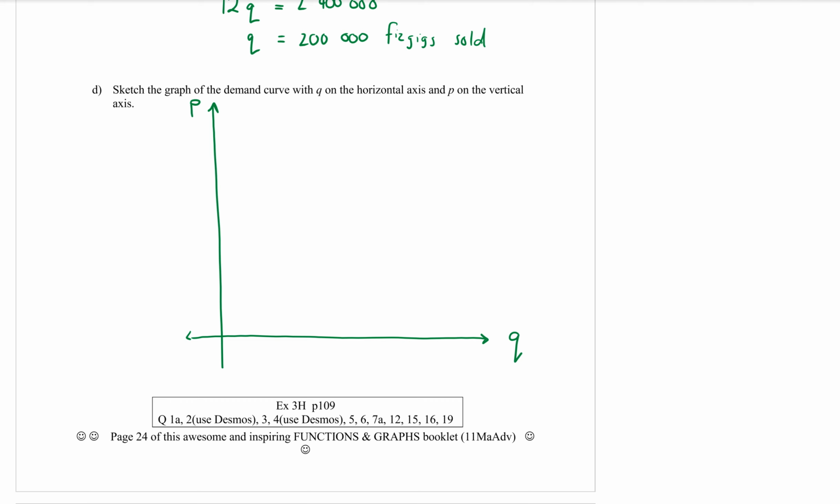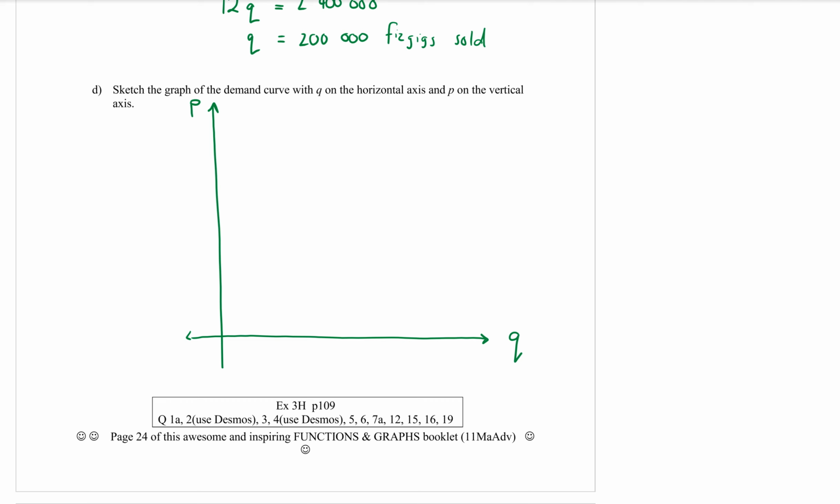We've already worked out some information that we can use to plot this. So we know what was happening at P is 6, 8 and 12. Okay, so they were P values, and we know the corresponding Q values that those had.